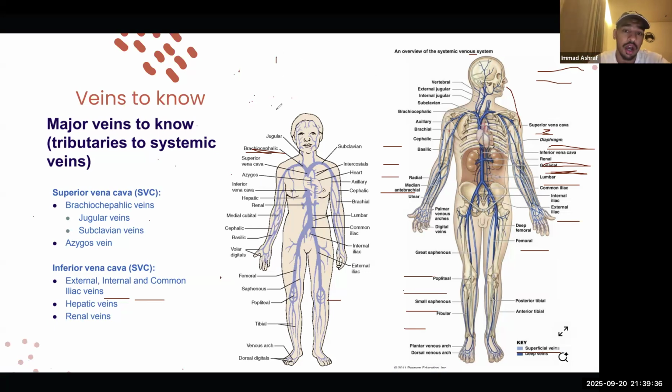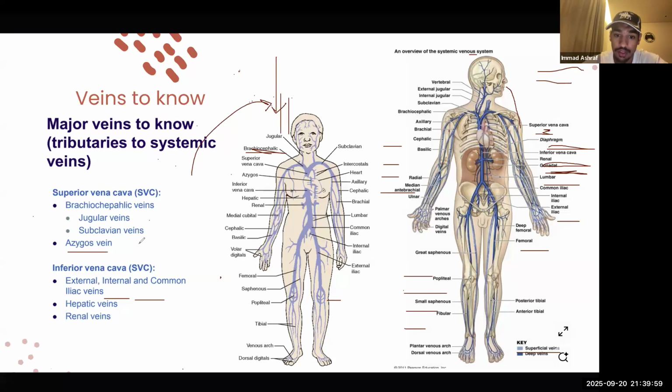The jugular veins are coming from the neck. Subclavian veins are coming from the arm. They drain the arm. When these two meet, you have a brachiocephalic vein. You have two brachiocephalic veins, one on the right and one on the left. The brachiocephalic veins and the azygos vein both form the superior vena cava, and the superior vena cava is the one that drains into the right atrium.